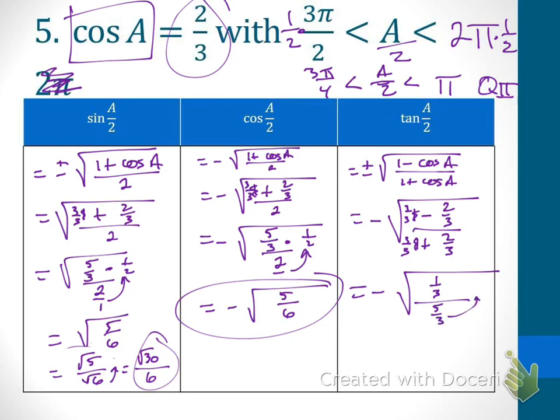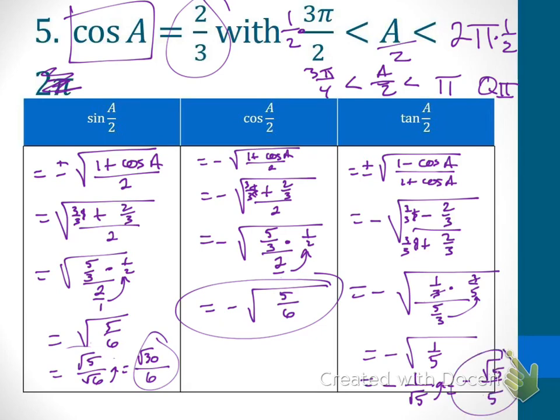Then we're going to flip over and multiply. The 3's will divide out, and we're left with 1 over 5 inside the radical. Well, we can make this minus the square root of 1 is 1, and then radical 5. And then again, if it bothers you enough, go ahead and rationalize that denominator. It's a bit easier to do this one than some of the others.